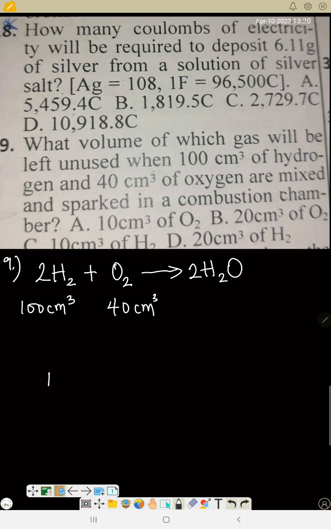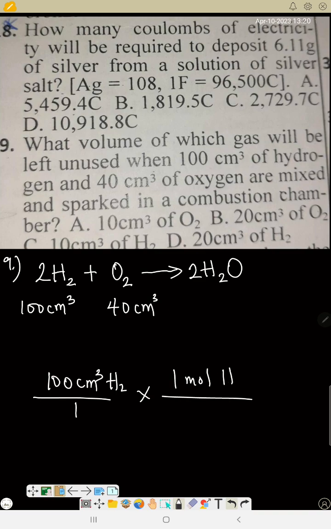Now to know which one will finish first here, convert these two to mole. That is 100 centimeter cube of hydrogen gas, convert it to mole. We know that 1 mole of hydrogen gas is 224,000 centimeter cube of hydrogen gas.